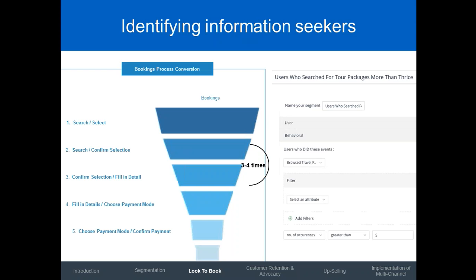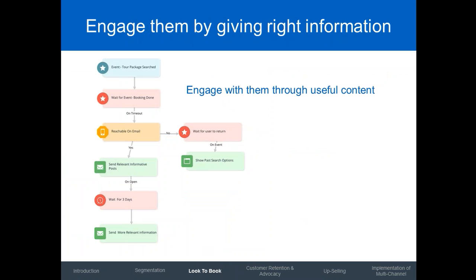Another segment that could be identified is the information seeker. These are the guests who look for more detailed information about the product, and they feel that there needs to be more information before they are able to make the right choice. There are different ways again to engage such customers.